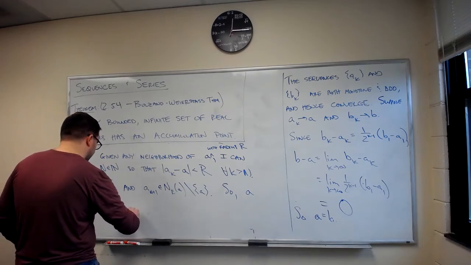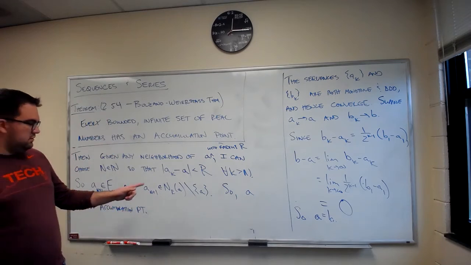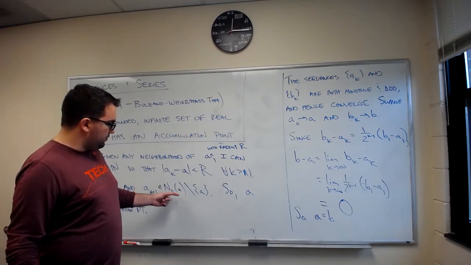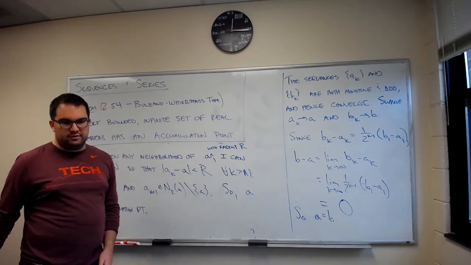Why? Because I've demonstrated something that is in the neighborhood of radius R around A that is not itself A. And this works for any arbitrary radius R.